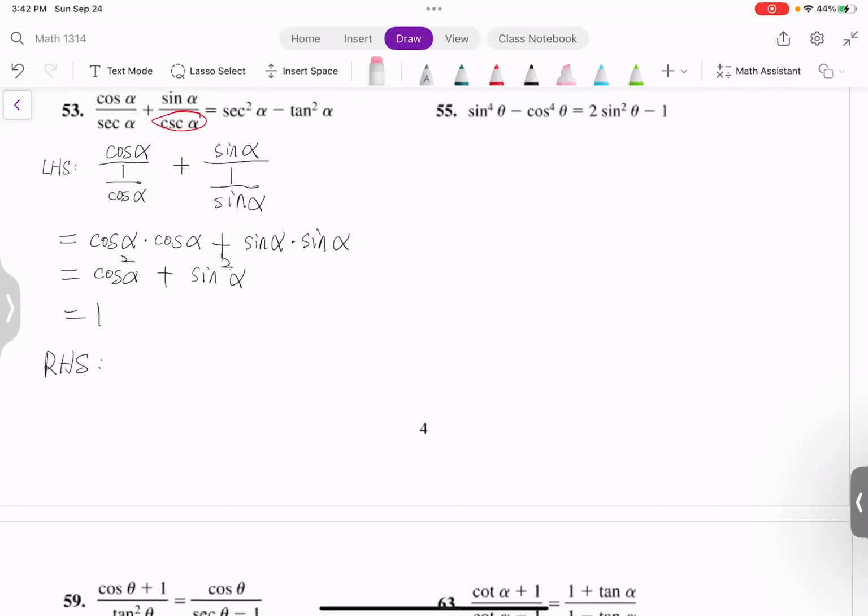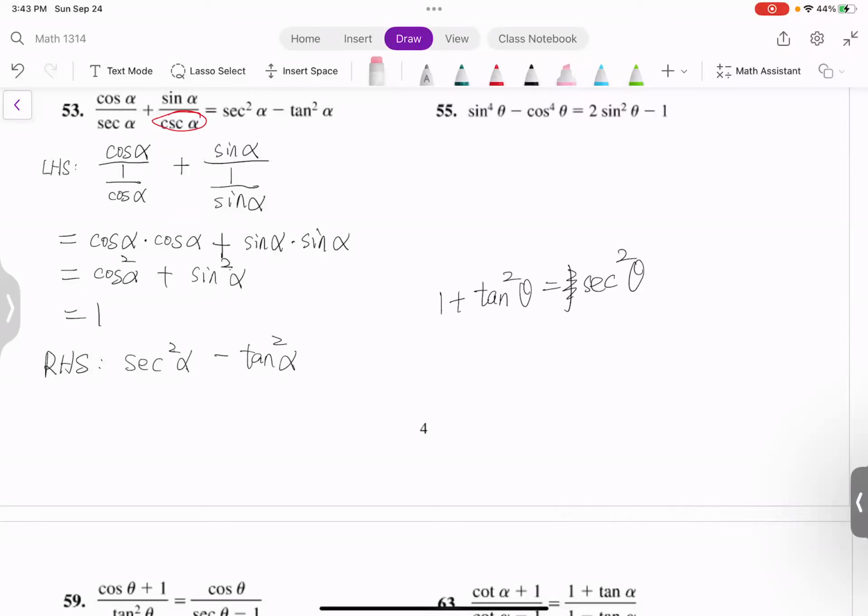So second, this is secant alpha squared minus tangent alpha squared. What is that? Do you remember the identity? 1 plus tangent theta squared equals, sorry, secant theta squared.